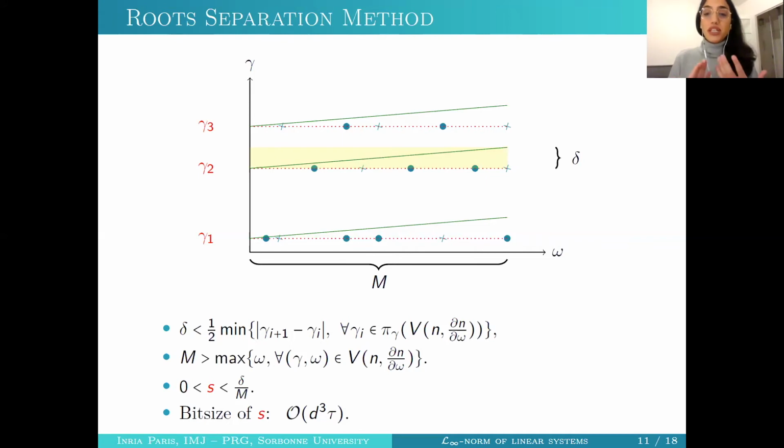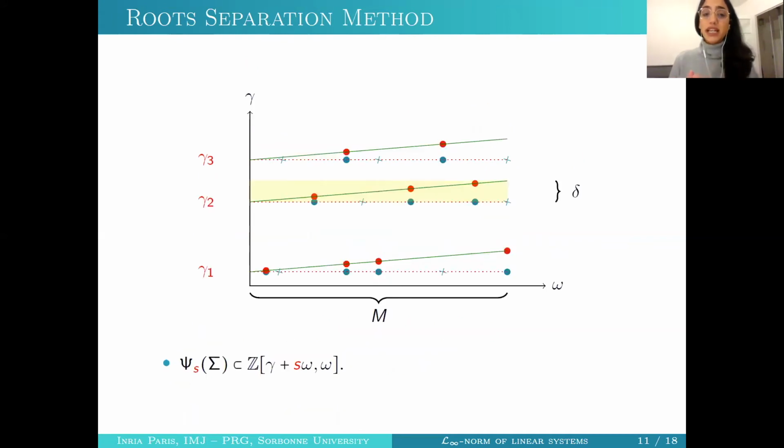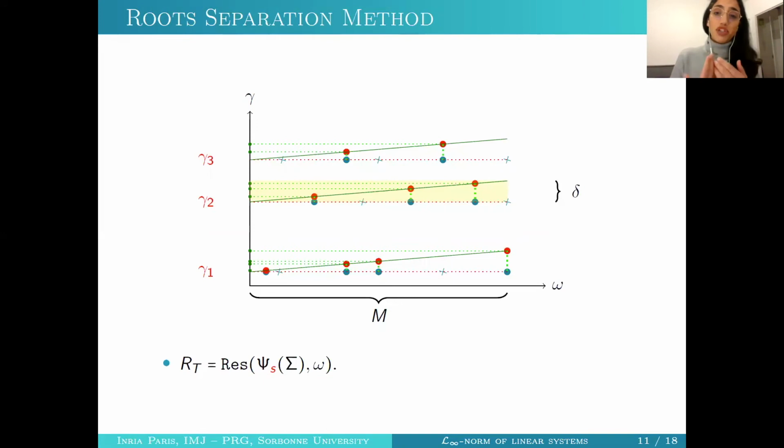So why do we choose this high bit size of S? As we can see here, when we consider the red dots to be the real roots of my system, using this special separating bound, we can notice that the gamma projection of the system solutions is with the preserved order, which means that when a green dot is issued from a gamma i, it belongs to a unique interval gamma i minus delta, gamma i plus delta.